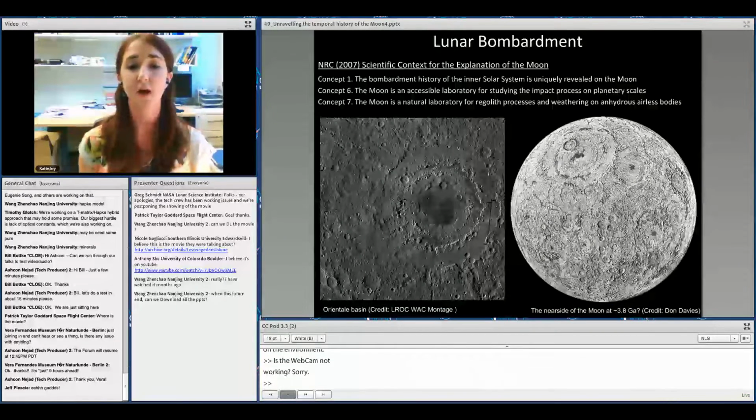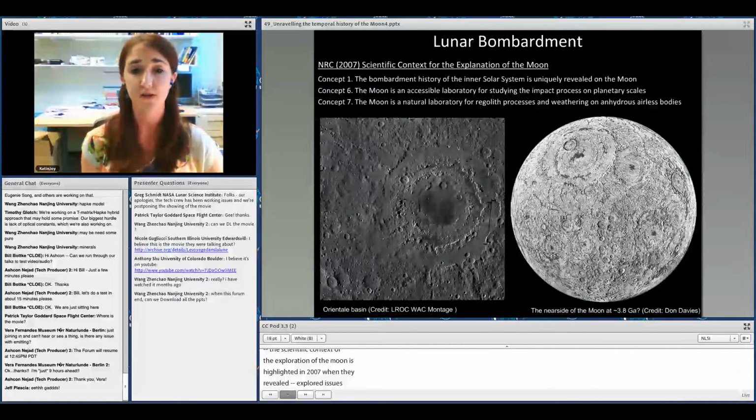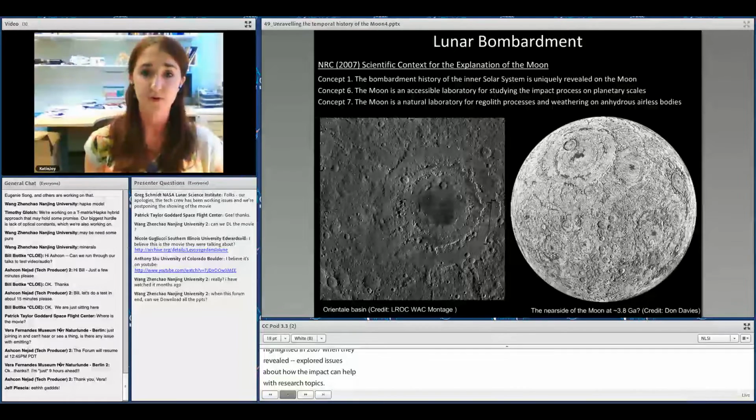So, the scientific context of the exploration of the moon was highlighted in the NRC document in 2007, where they explored the issues about how the impact cratering history of the moon can help a whole range of different research topics. Specifically, the bombardment history of the inner solar system was highlighted as concept one on this particular scale.